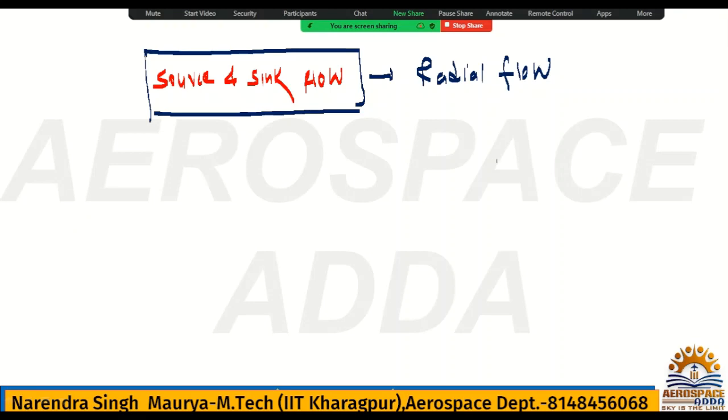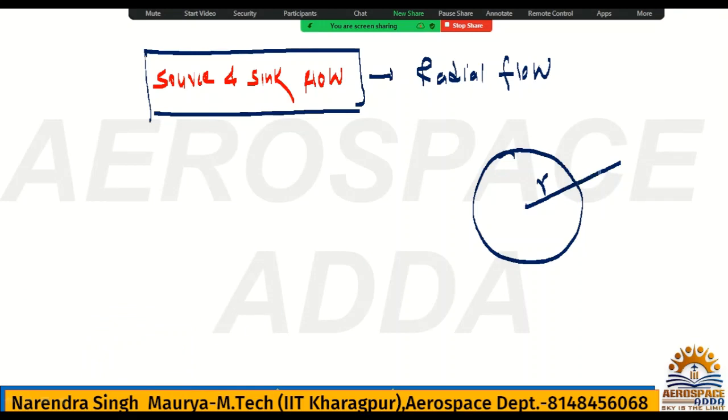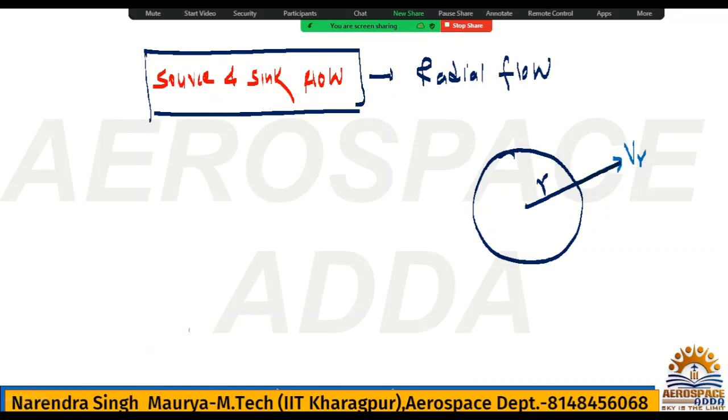Its meaning is very clear. Suppose this is a circle. I can draw this radius. So along the radius, the type of flow will be radial flow, and perpendicular to the radius, or tangent to the circle, will be tangential flow, and obviously both will be at 90 degrees.